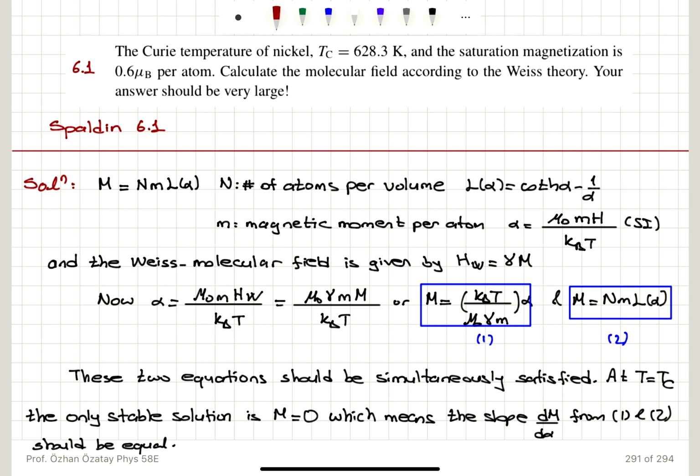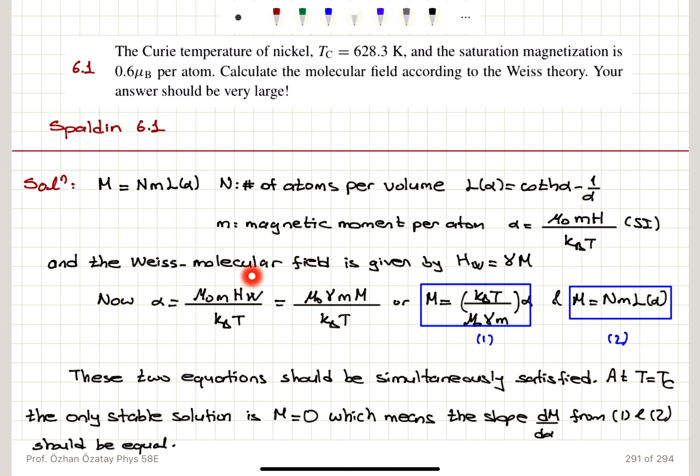Okay, so what have we done here? We are looking at what happens at the Curie temperature to magnetization versus alpha. The magnetization as a function of alpha is given by the number of atoms per volume, magnetic moment per atom, times the Langevin function. This is our model of non-interacting moments in the paramagnet. That's the Langevin theory.